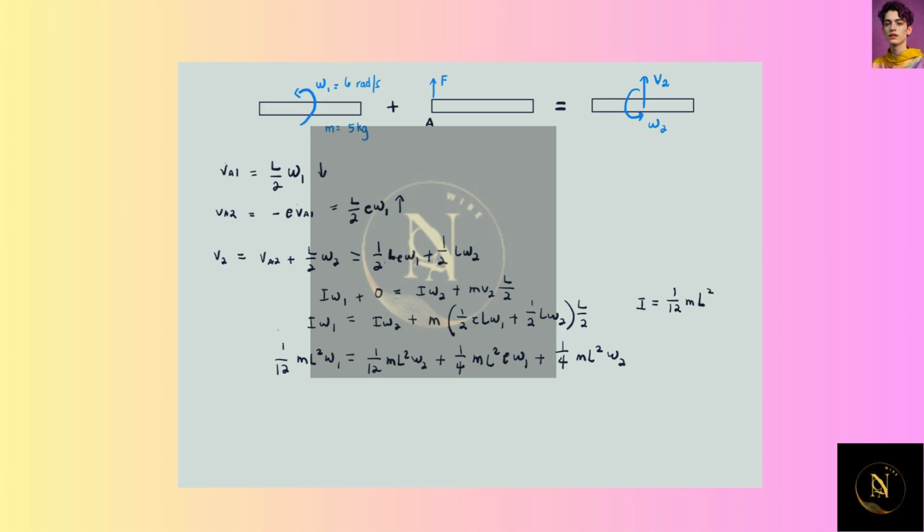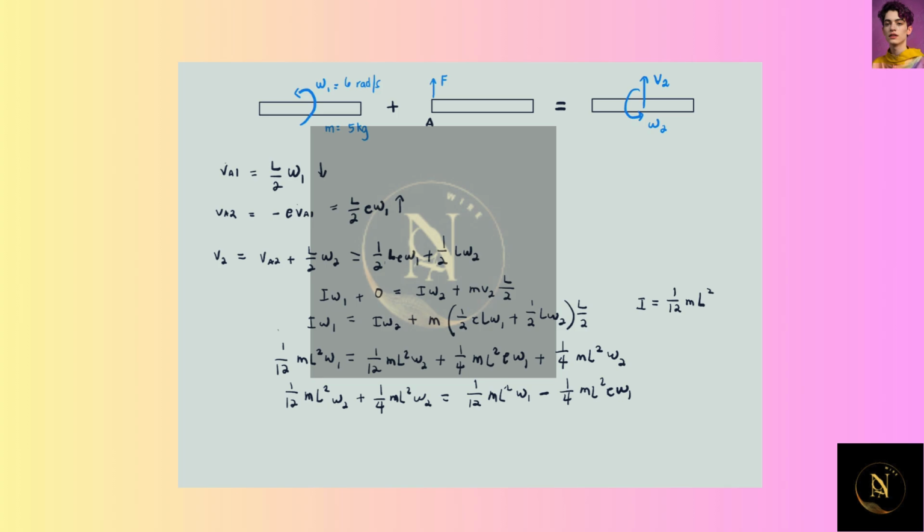Simplifying the equation by combining like terms, we'll have 1 over 12 m L squared omega 2 plus 1/4 m L squared omega 2 equals 1 over 12 m L squared omega 1 minus 1 over 4 m L squared e omega 1.